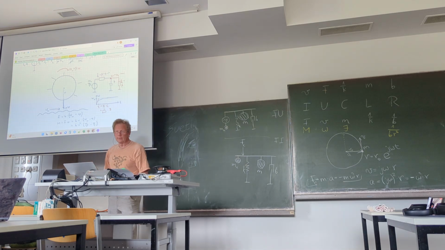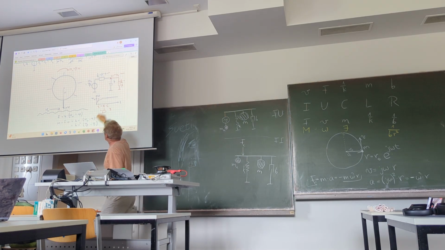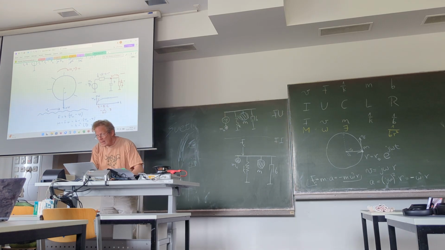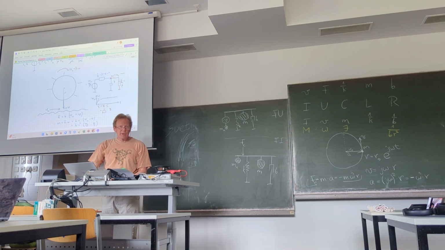In the numerator, we have the impedance just of our load resistor, and in the denominator, we have the sum of both resistors.